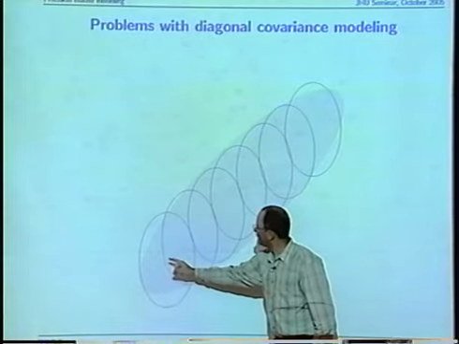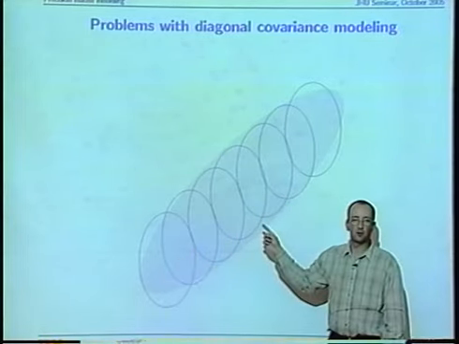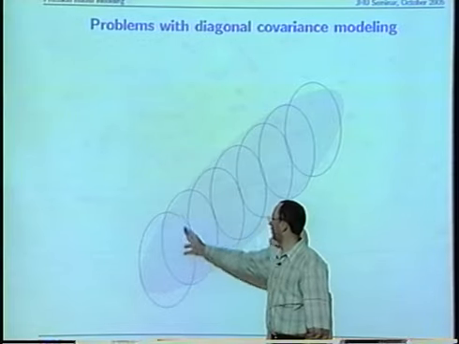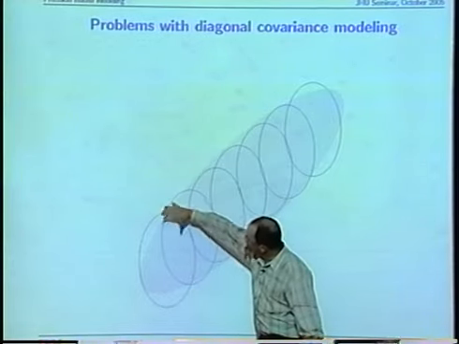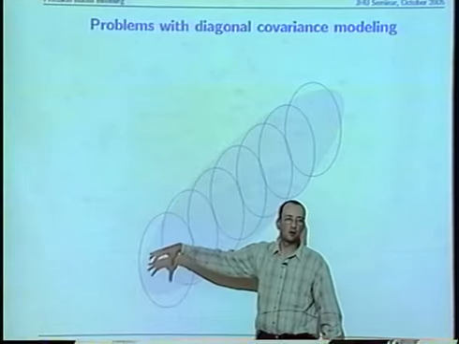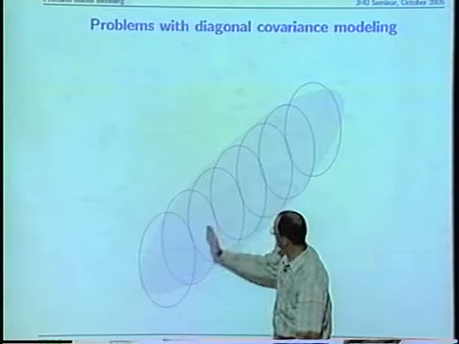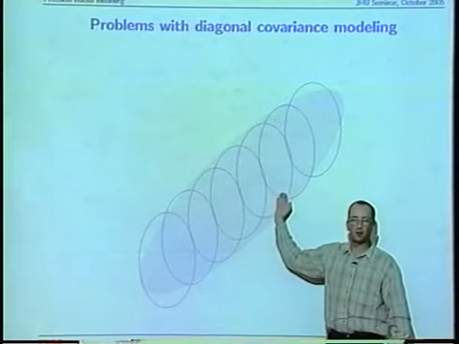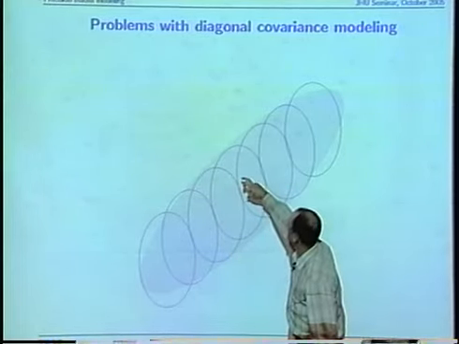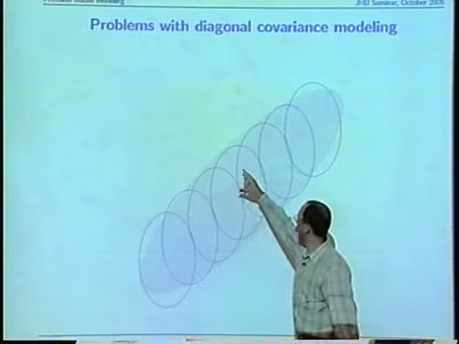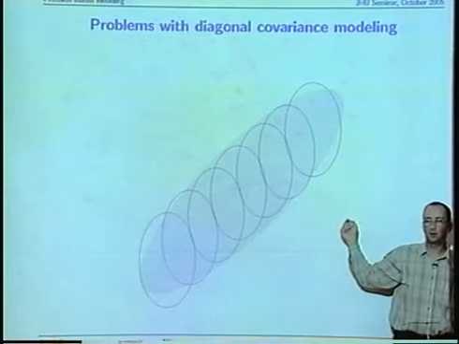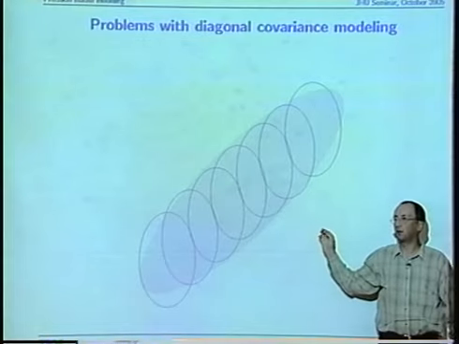You have to spend a lot of mixture components to cover that region, because the diagonal covariance Gaussians have the property that the hyperellipsoids, if you want, of equal likelihood, are axis parallel. Okay, so if you have a skewed cluster, you have to spend a lot of mixture components. Whereas if I were to apply a transformation, a simple rotation to this cluster, then I can spend a single mixture component to model the cluster accurately. Does this make sense to everybody?